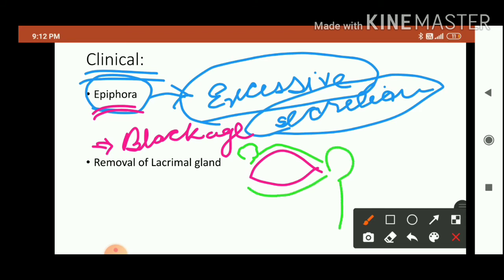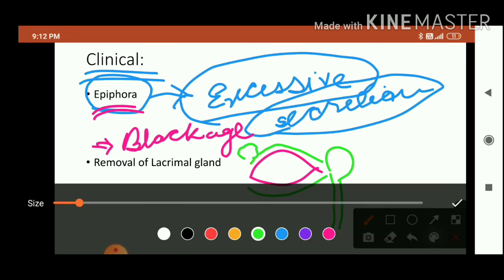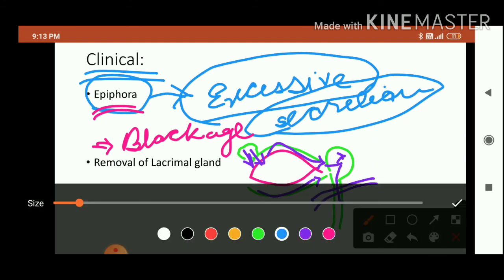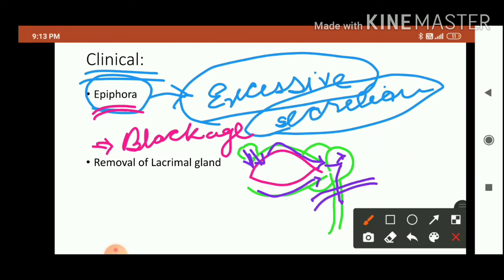suppose this is the overall diagram of our lacrimal apparatus, then suppose at this region, at the level of the nasolacrimal duct, there is some blockage. Then what will happen? From the lacrimal gland, the fluids are coming through the conjunctival sac. Then it will go to the lacrimal sac, and then it will go to the nasolacrimal duct. Here you are having the lacrimal canaliculus.